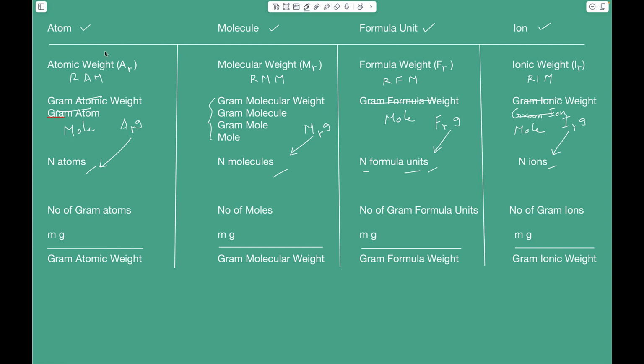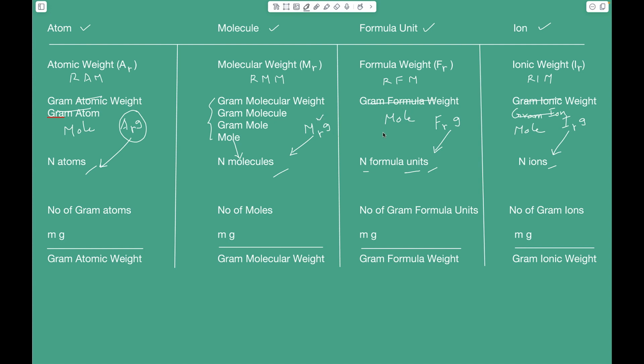So, what is 1 mole of atoms? It contains an Avogadro's number of atoms, and its mass is equal to its atomic weight in grams. Now, what is 1 mole of molecules? It contains an Avogadro's number of molecules, and its mass is equal to its molecular weight in grams.